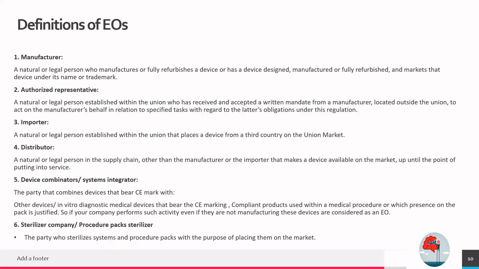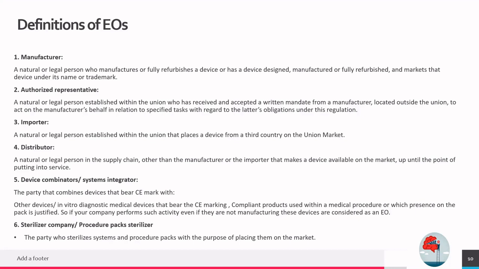We know what refurbish means. Authorized representative: a natural or legal person established within the Union who has received and accepted a written mandate from the manufacturer located outside the Union to act on the manufacturer's behalf in relation to specified tasks with regard to the latter's obligations under this regulation. So we understood, right?